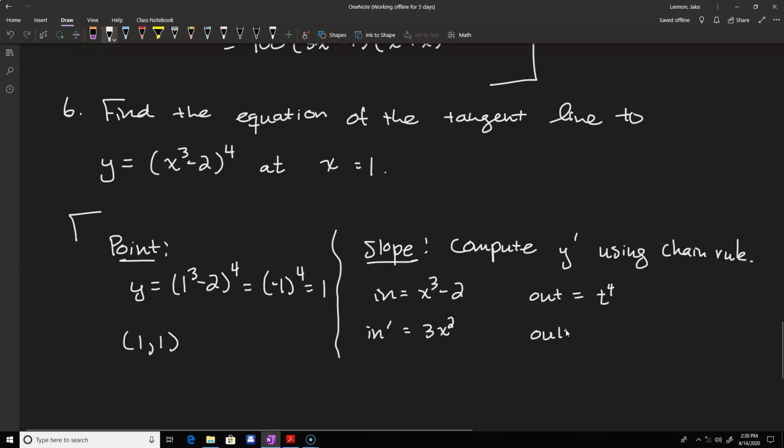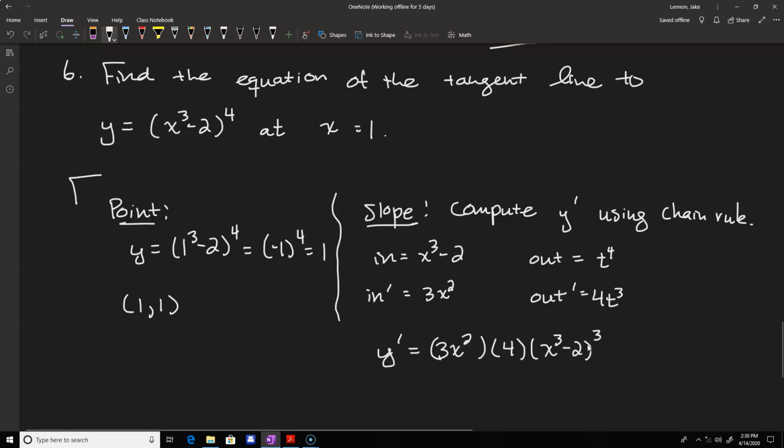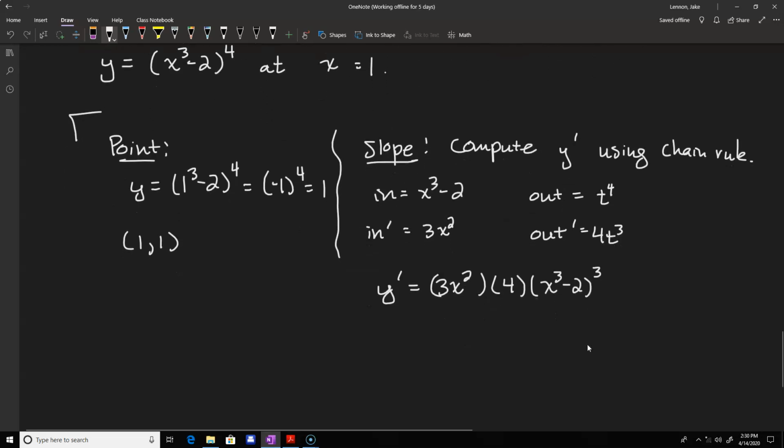The outside prime would be 4t cubed. So y prime here would be 3x squared times 4, and then replace t by x cubed minus 2 to the 3rd power. So basically, we don't need to worry about simplifying any of that because we can just plug in our x value to figure out the slope.